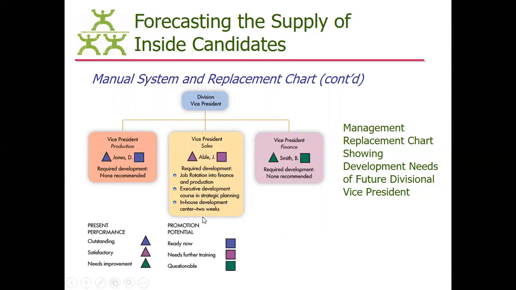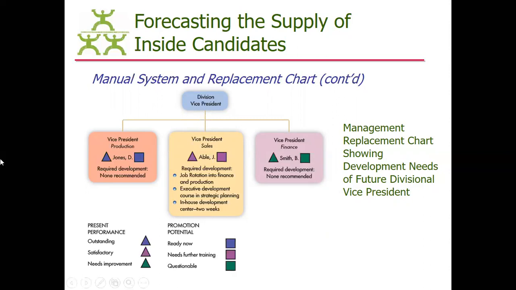And if we move toward the promotion potential category, then this blue square represents that the particular individual is ready now to be a division vice president. This purple one shows that he or she needs further training, and this green represents questionable.